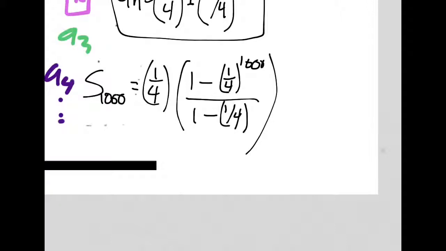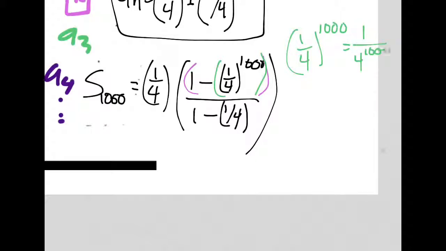So, think about this numerator right here. And more specifically, think about that bit right there, 1/4 to the power of 1,000. Well, 1/4 to the power of 1,000 is essentially 0, because 4 to the power of 1,000 is a ridiculously huge number, so 1/4 to the 1,000th is basically 0.